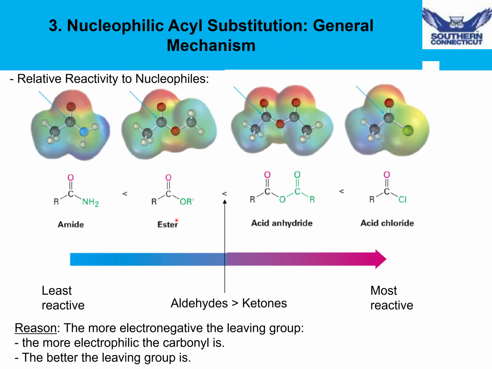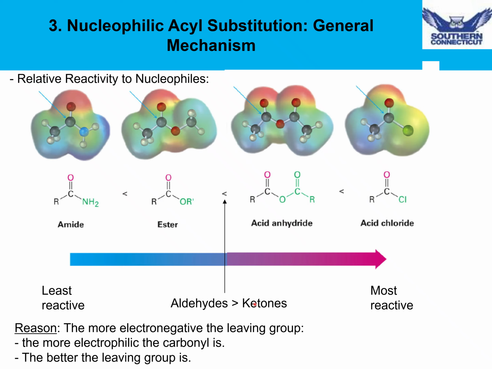Carboxylic acids, if you're wondering, depend on the reaction, but they're somewhere between an ester and an amide. Sometimes they're put around where the ester is, sometimes a little bit less reactive. It kind of depends on the reaction conditions. Aldehydes and ketones, as we just learned, don't undergo acyl substitution, so with nucleophiles they do an addition reaction instead.